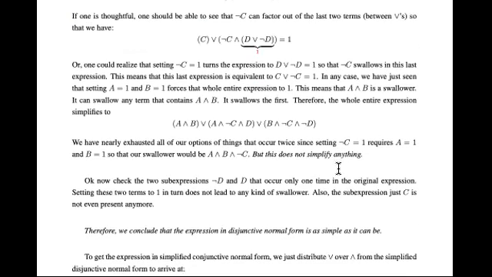So let's go to the other sub-expressions that we can use, such as D and not D, that occur only once. If we set each one of those to 1, it doesn't really lead to anything. And the sub-expression just C doesn't lead to anything either. So what you do is you start with one letter at a time, you set it equal to something, then you see what you need to do from there.